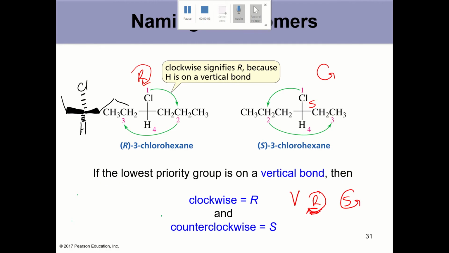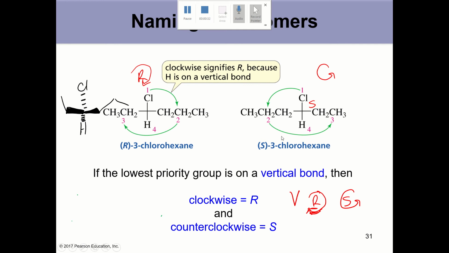Naming enantiomers continued. If instead of perspective drawings we have Fisher projections, the rules for determining whether the molecule is R or S are different. This is going to depend on whether the position of the lowest priority group is on a vertical bond or a horizontal bond.